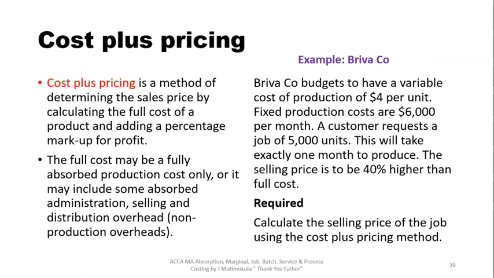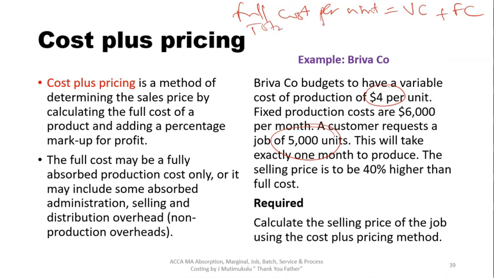So our full cost of production per unit should be the variable cost plus the fixed costs. What was the total variable cost? We are told that the variable cost per unit is $4 per unit multiplied by the number of units.